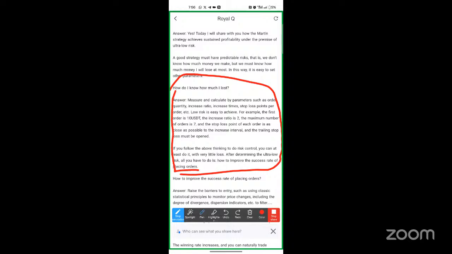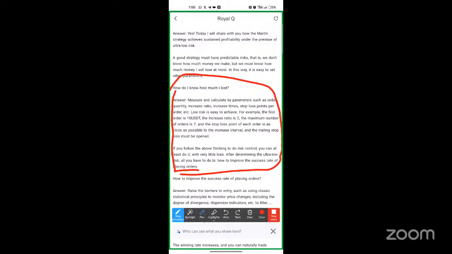For example, if the first buy order is 10, whenever the coin goes down, you are buying with the 10, but whenever the coin goes down again, you increase by 2. So you buy by 10, then you buy by 20, then you buy by 40, then you buy by 80.